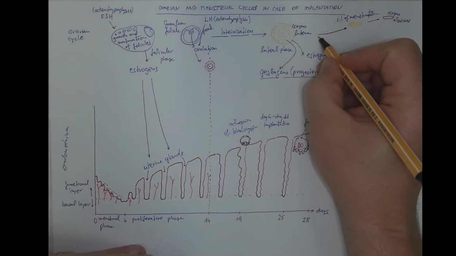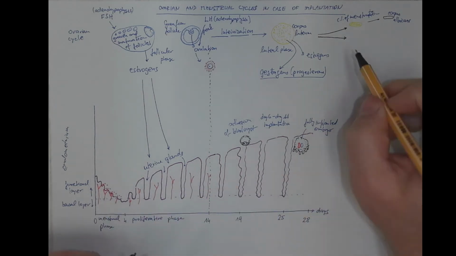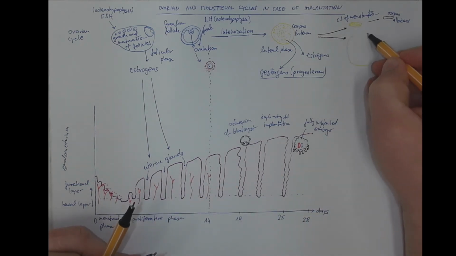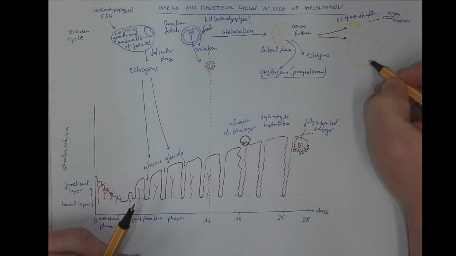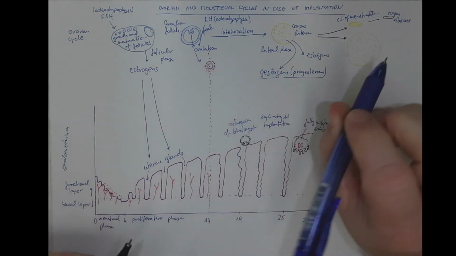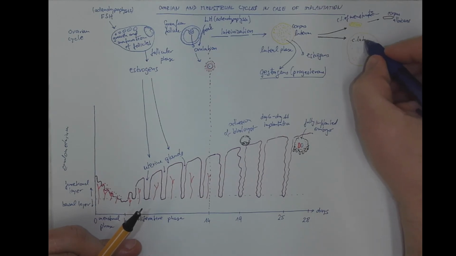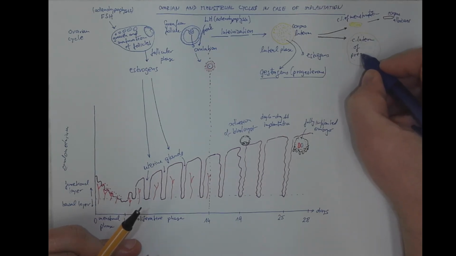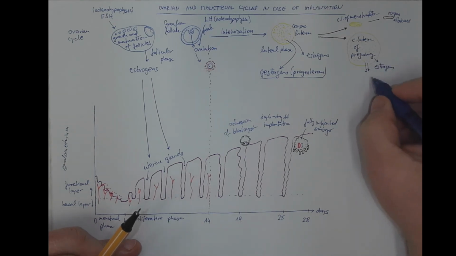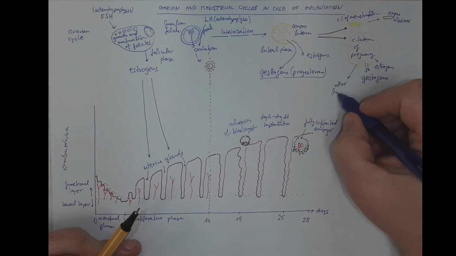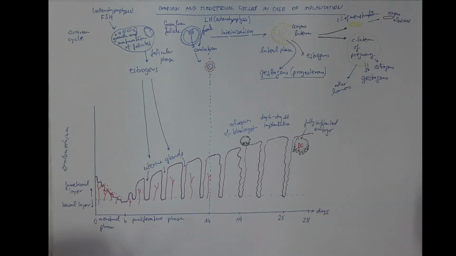However, if the corpus luteum will increase to form a large corpus luteum of pregnancy, which will produce even more hormones than before, this will be the corpus luteum of pregnancy that produces lots of estrogens, lots of gestagens, mainly the progesterone, and also other hormones related to gestation.